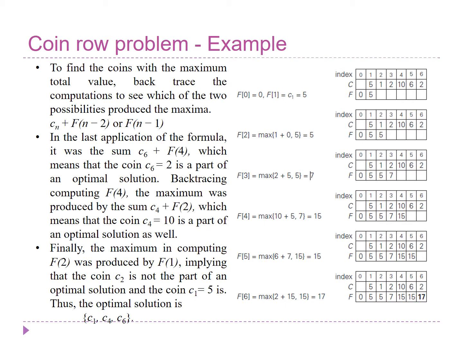In the coin-row problem, to find the coins with the maximum total value, backtrace the computation to see which of the 2 possibilities produces the maxima.